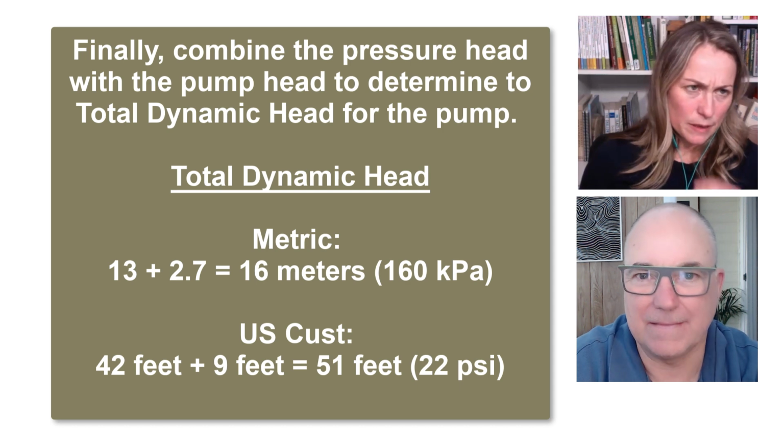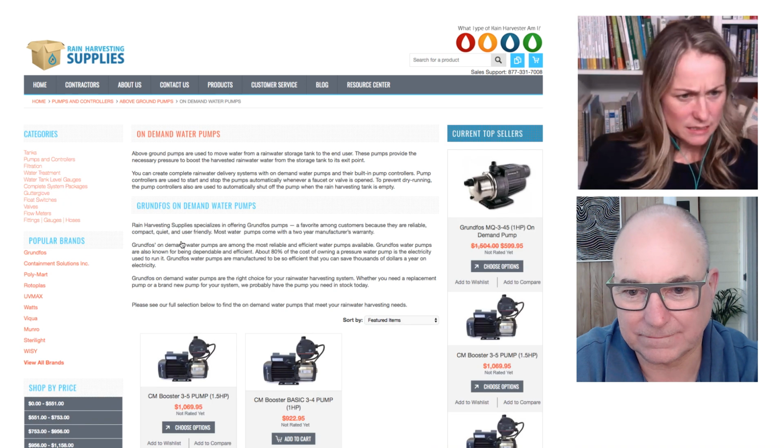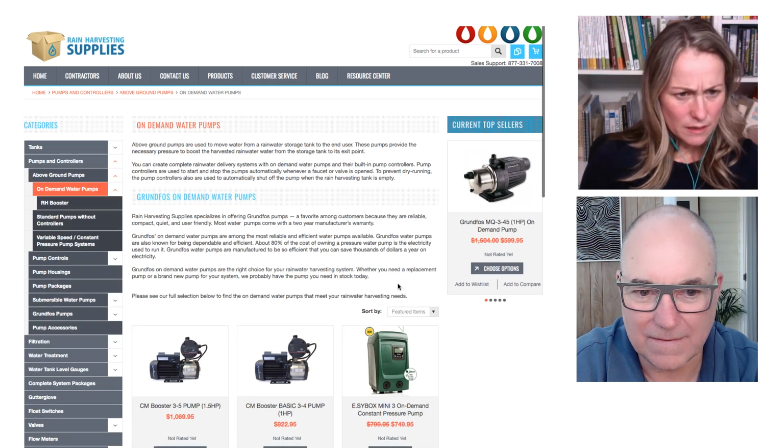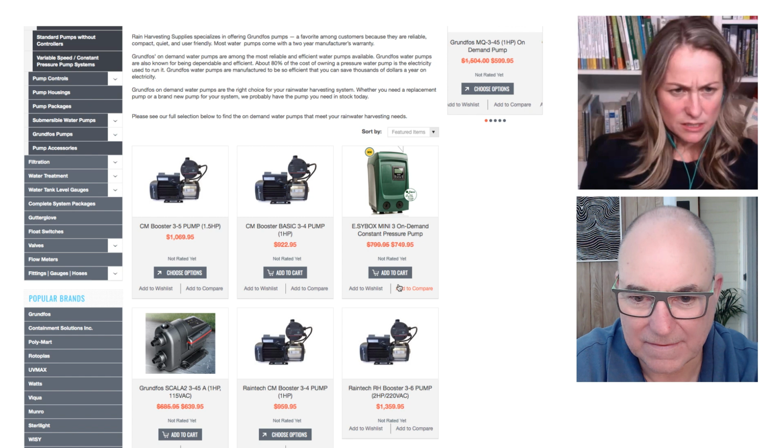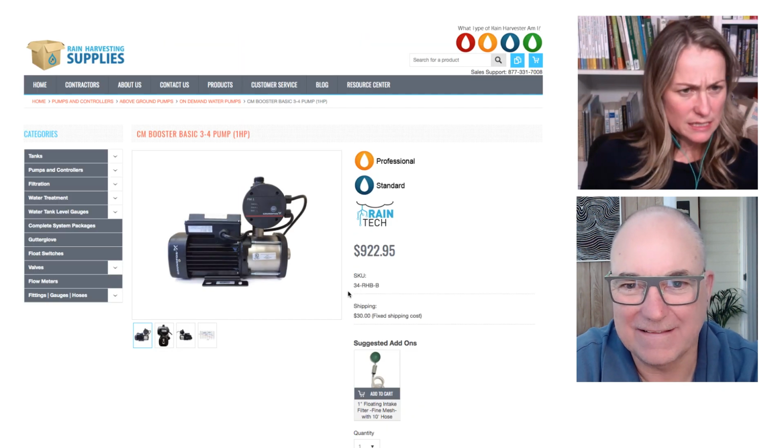Let's go look at a pump, just to pull up a pump curve and kind of illustrate that example. I just simply Googled rainwater harvesting pumps and see what came up here, and they're all big ones. So this is quite big, but let's look at this anyways.